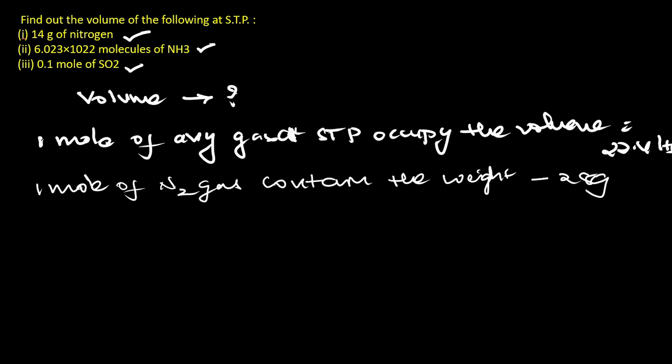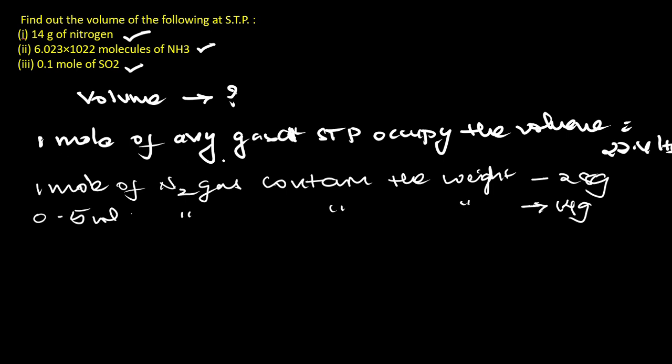That means 14 grams of nitrogen is 0.5 mole of nitrogen gas. Why? Because for 1 mole it is 28 grams, so automatically 0.5 mole is 14 grams.